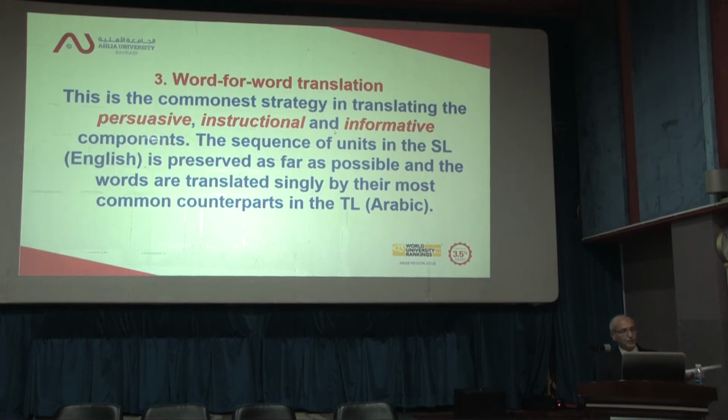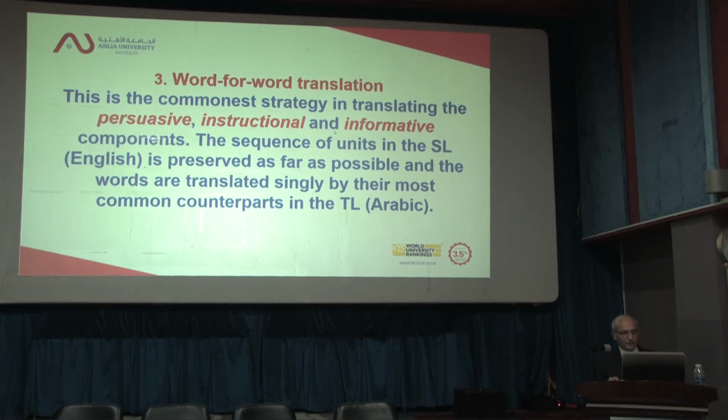The next strategy is the word-for-word translation. This is the commonest strategy in translating persuasive, informative, and instructional components. The source language word order is sometimes maintained for the sake of this type of translation.